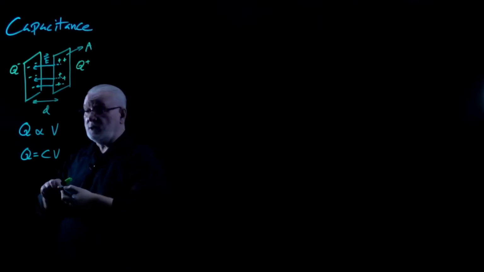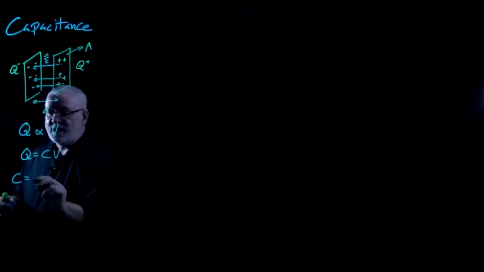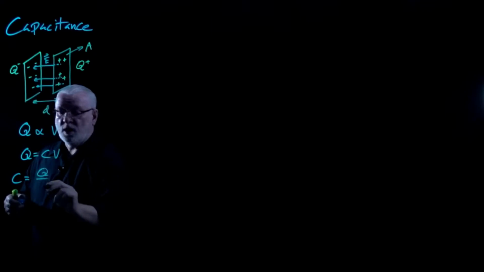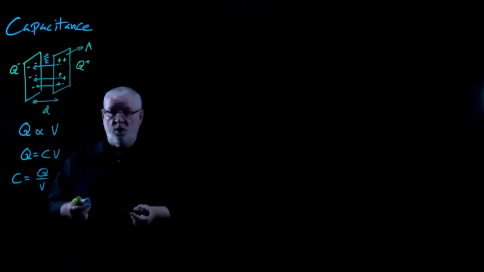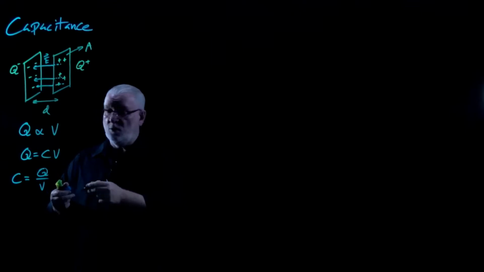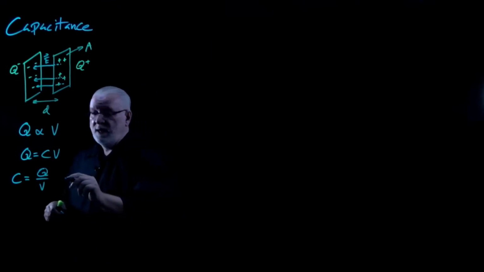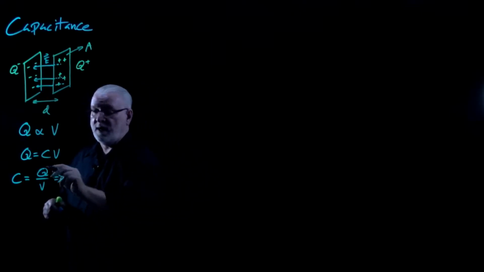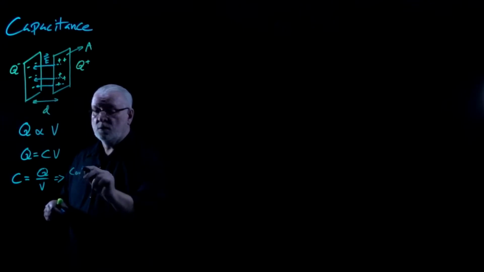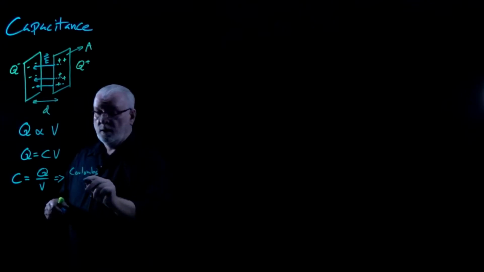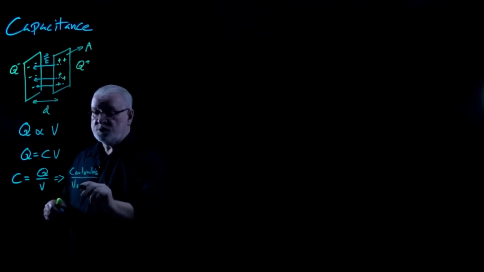First, though, let's talk about the units of capacitance. If capacitance then is equal to the charge to voltage ratio, and that's a constant ratio, which is why capacitance will be constant, notice that it has units of coulombs divided by volts.